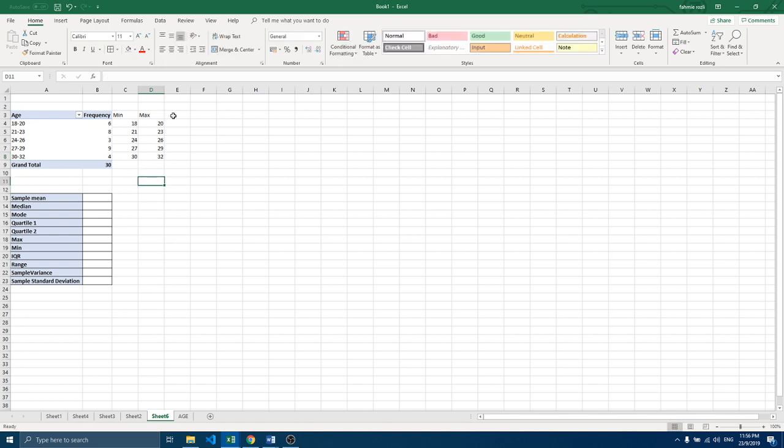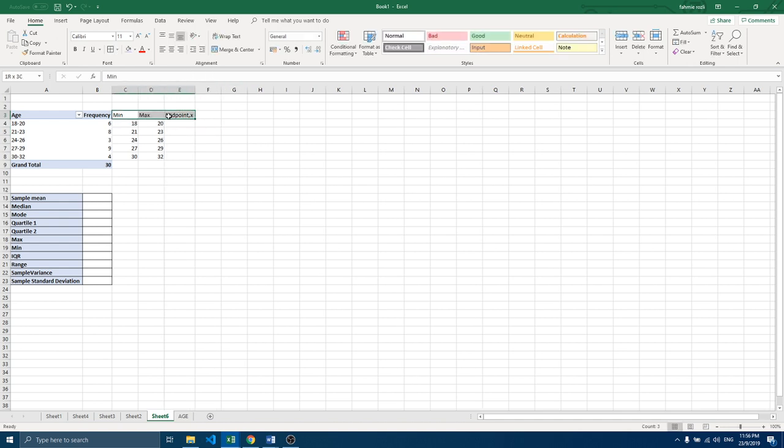And then you have to find midpoint, which is your x. Okay, so midpoint is 18 until 20 years old. What is the midpoint between 18 until 20? So how to find the midpoint? It's equal to maximum number plus minimum number, then divided by 2.